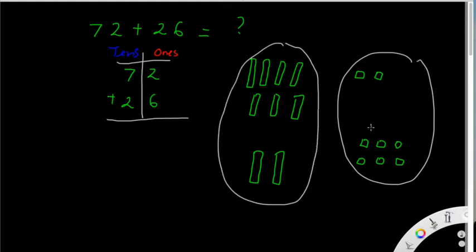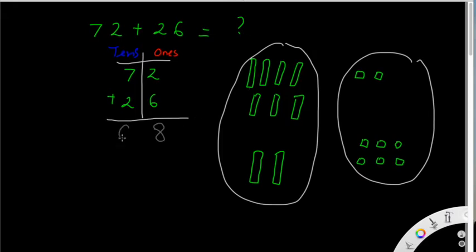So now I'm gonna count the ones. 1, 2, 3, 4, 5, 6, 7, 8. So Mr. Bui has 8 ones. I put my answer right here. How many tens do we have? Let's count. 1 ten, 2 tens, 3, 4, 5, 6, 7, 8, 9 tens.